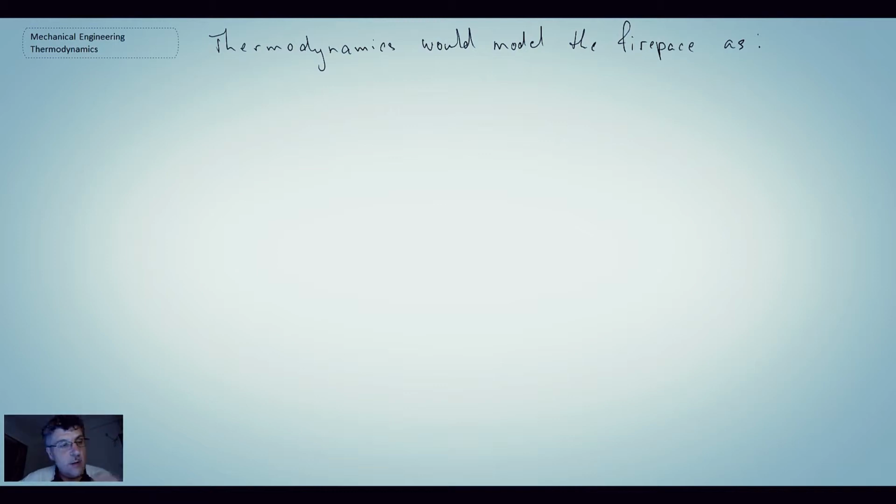We have one which is called the process schematic. So I'll write it over here on the left. And the other schematic we have is called the process diagram.